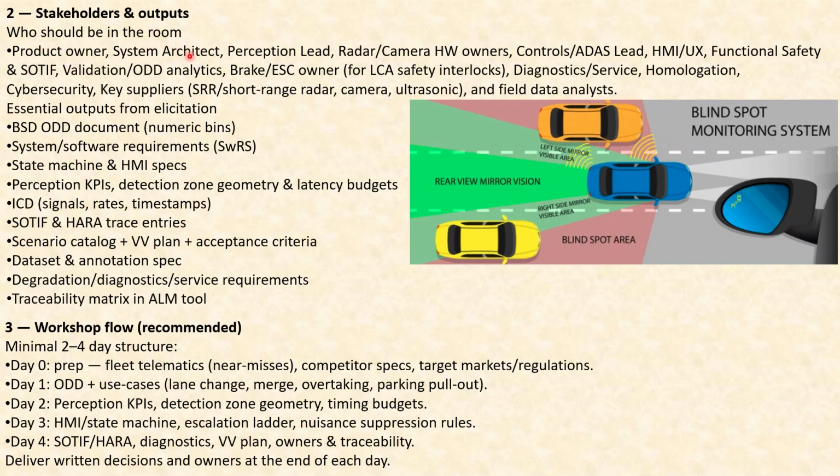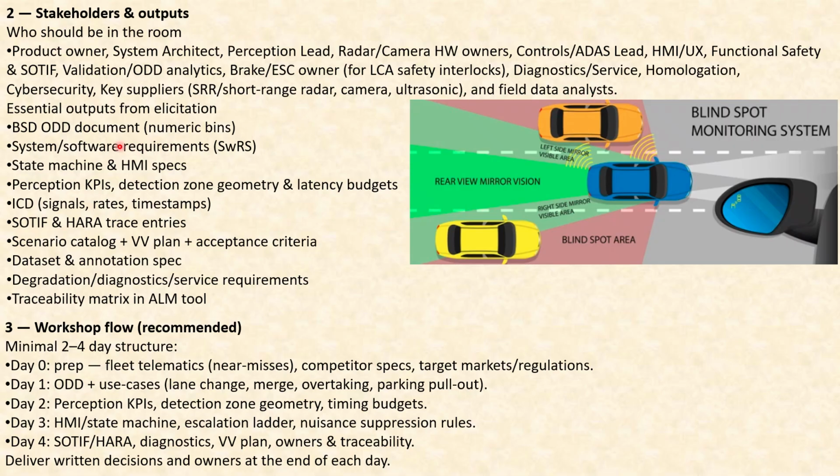Product owner, system architect, perception lead, the sensor hardware owners like radar owner or camera owner, controls ADAS lead, the human machine interface or user experience lead, the functional safety and SOTIF engineer, the validation ODD analytics, brake electronic stability owner for lane control assist safety interlocks, diagnostic service, homologation, cybersecurity, and also key suppliers who supply the short range camera, short range radar, camera, ultrasonic, and field data analytics.